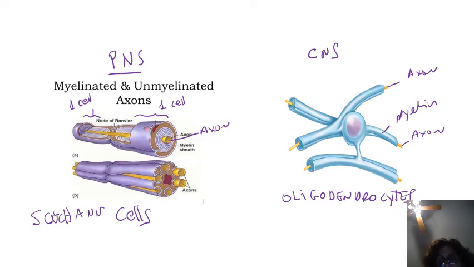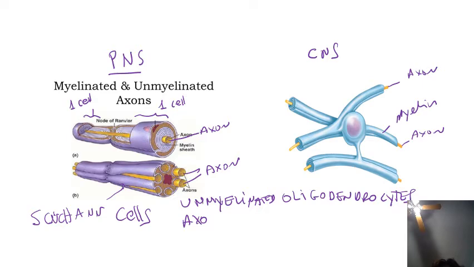Notice also that not all axons are myelinated. As a matter of fact, most axons are non-myelinated. In the PNS, unmyelinated axons are still wrapped by Schwann cells. But in this case, several axons will be wrapped by one Schwann cell in a loose manner.